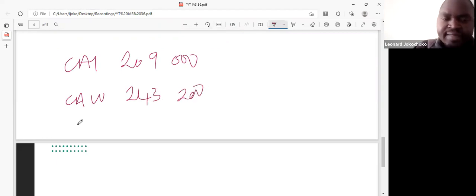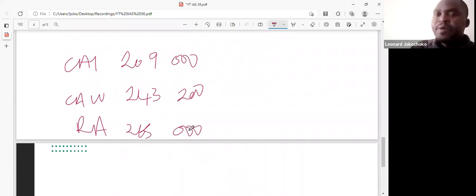And we see here that our recoverable amount is now 265,000. Therefore, when we want to record this, the change from the carrying amount with impairment to the old historical carrying amount is taken to the profit and loss account.